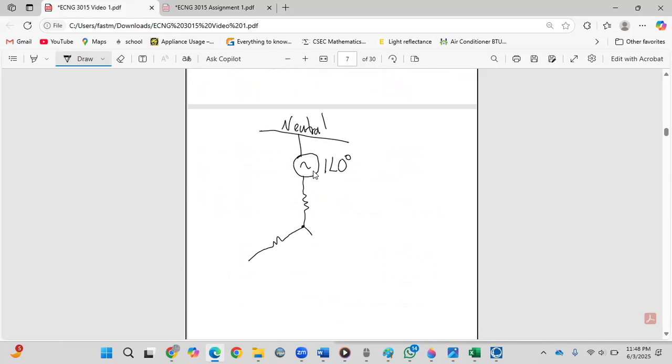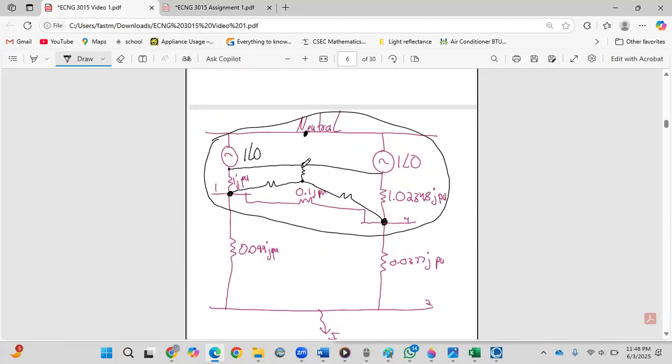Basically we need this, this, and this. So let's see how to get it. The trick for the first one is that it is the product of the two impedances connecting to the dot divided by the sum of all three impedances. In this case, this dot connects to here, and this one connects to here.